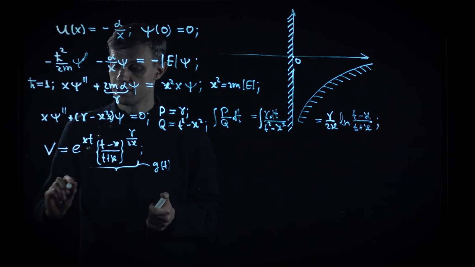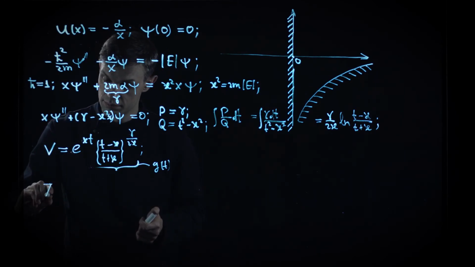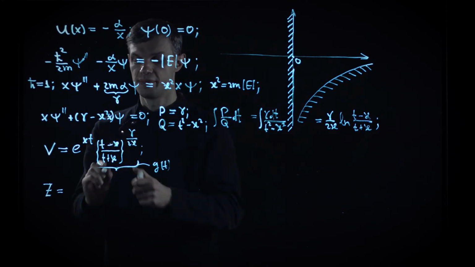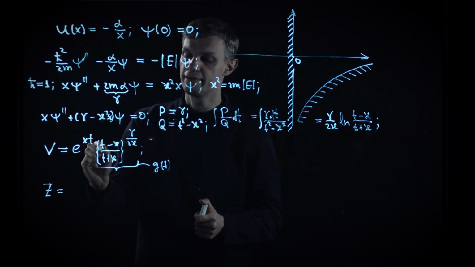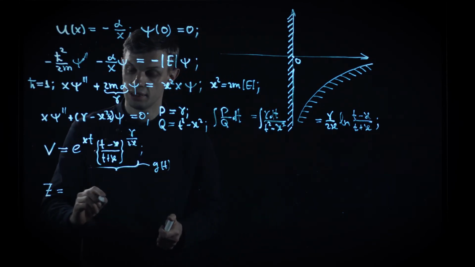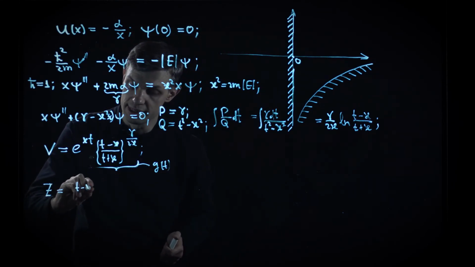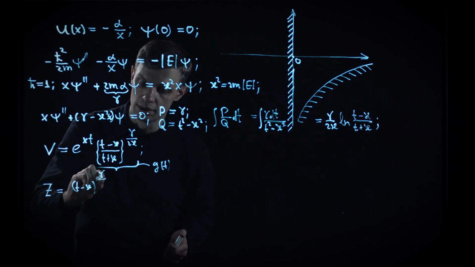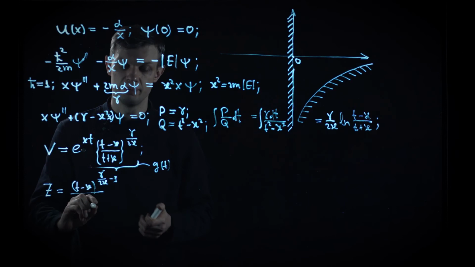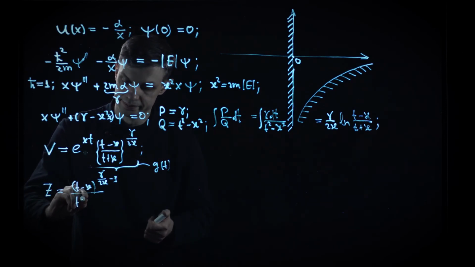And finally, the z function, which is this piece of our v function divided by the Q polynomial. It gives us t minus kappa in the corresponding power divided by t plus kappa.